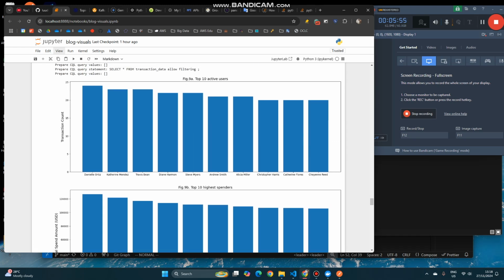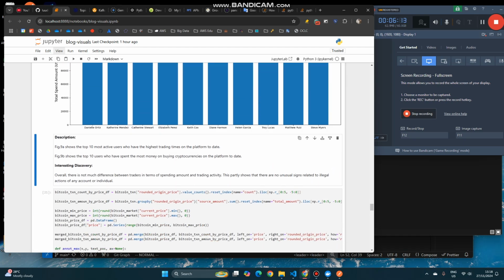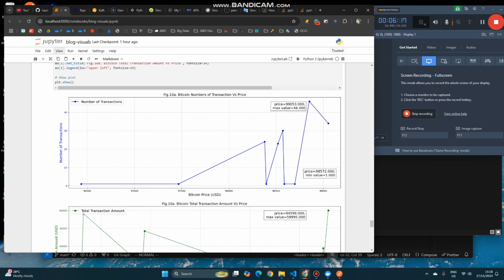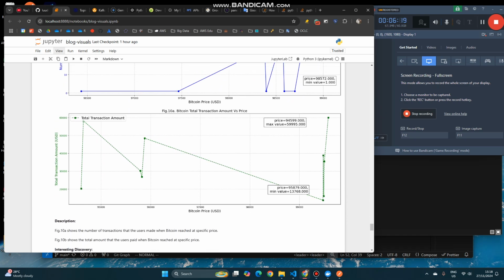And the interesting thing I found is there's not much difference between the users. So the difference between them is insignificant, which means that there is no trader who has suspicious activity. Let's move to the next plot.